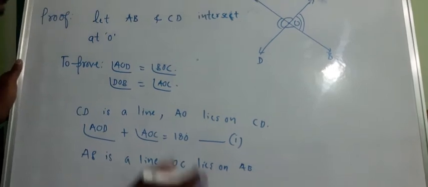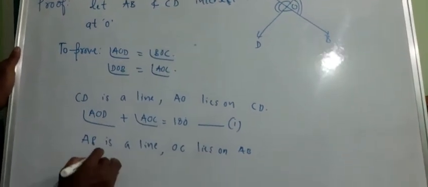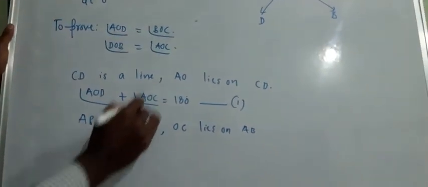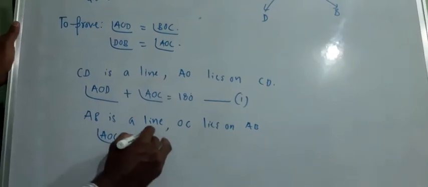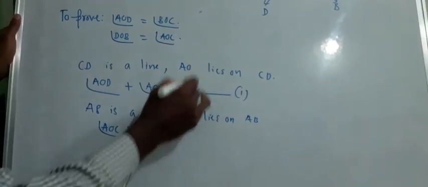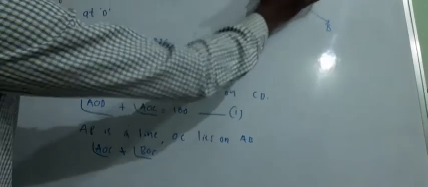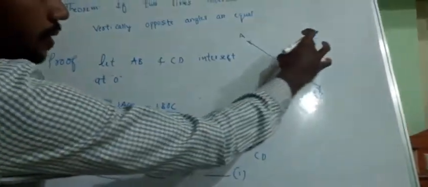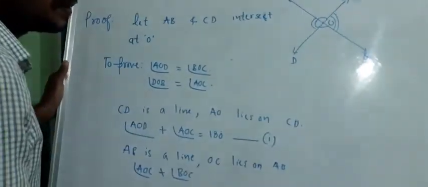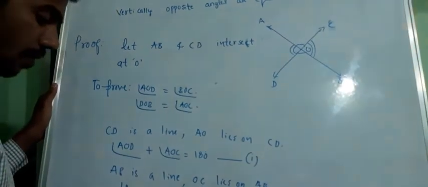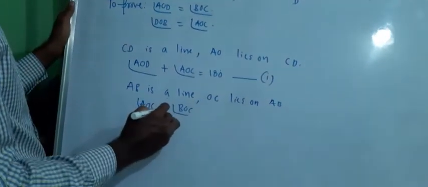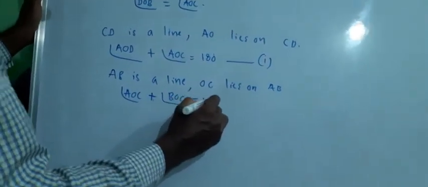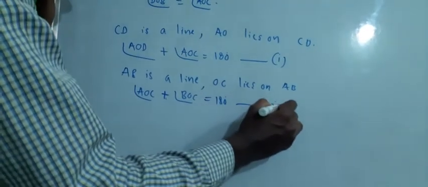So what can I write? Angle AOC plus angle BOC, because OC lies on line AB. So from the previous axiom, we can write angle AOC plus angle BOC is equal to 180 degrees. I'll call it equation 2.